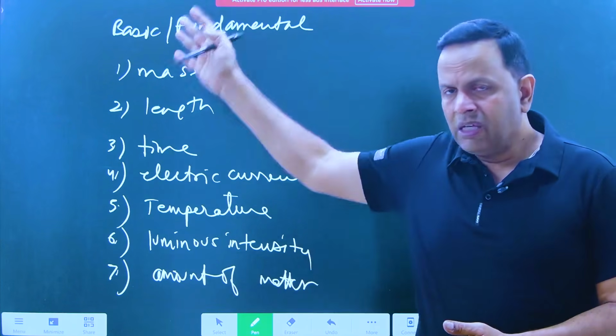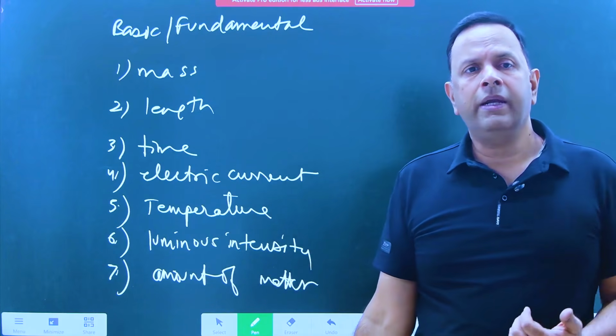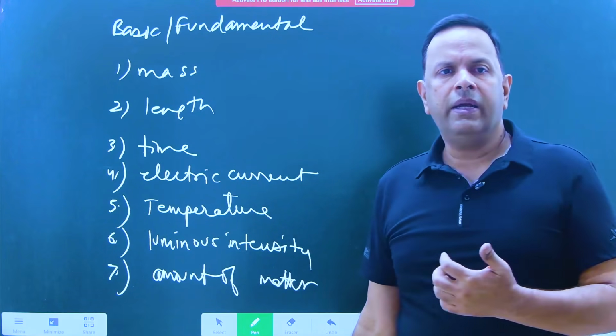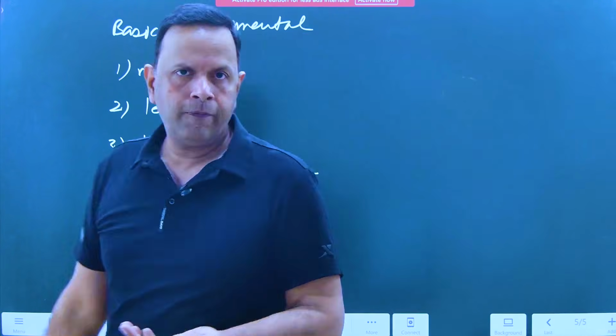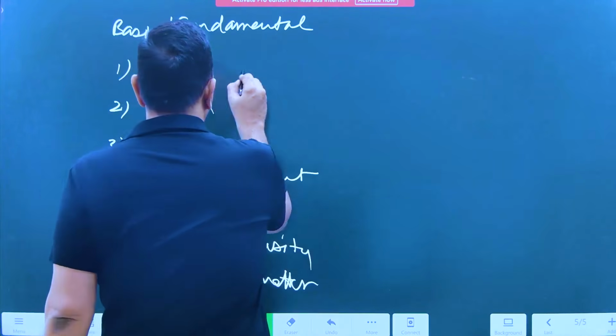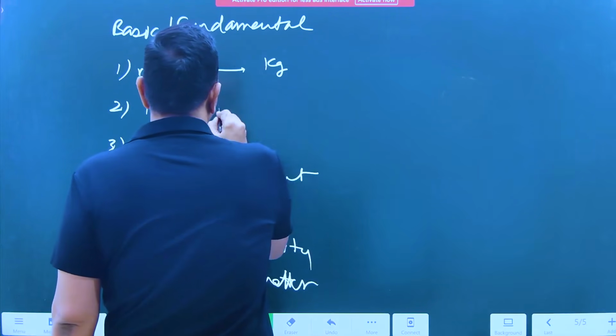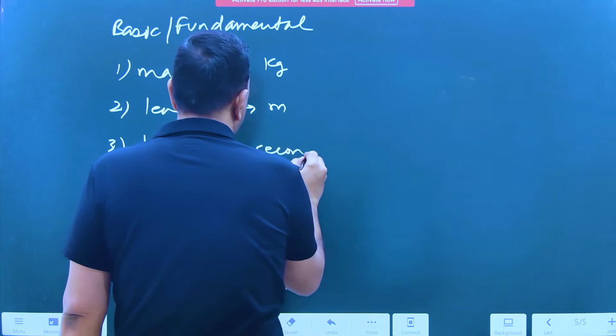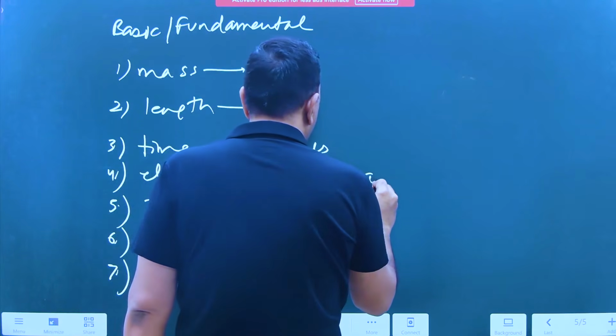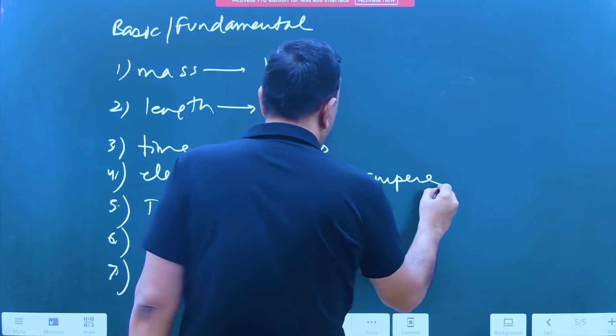Not only 7 quantities have been decided, we also have decided what shall be their units. So for mass, the SI system unit is kg. For length, it is meter. For time, it is seconds. For electric current, it is ampere.